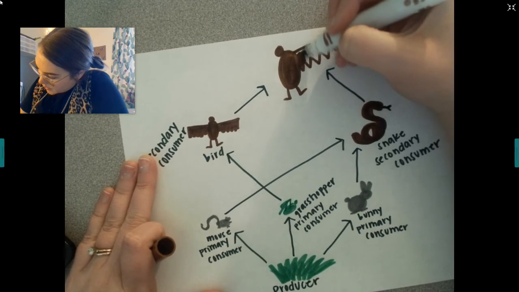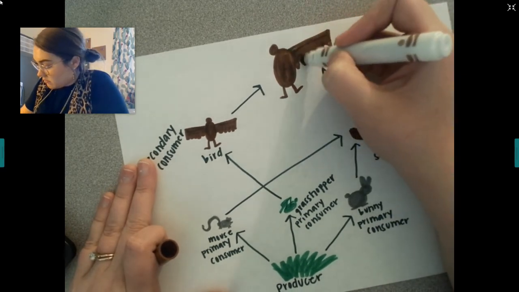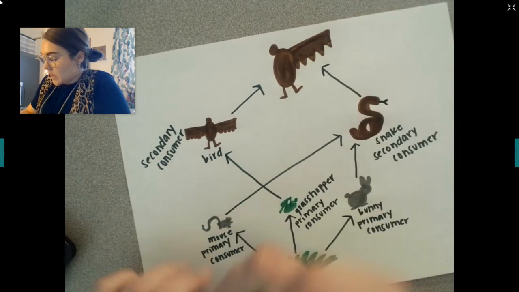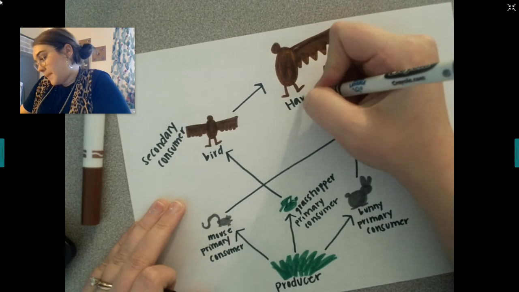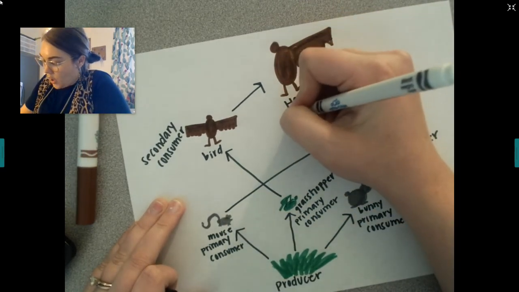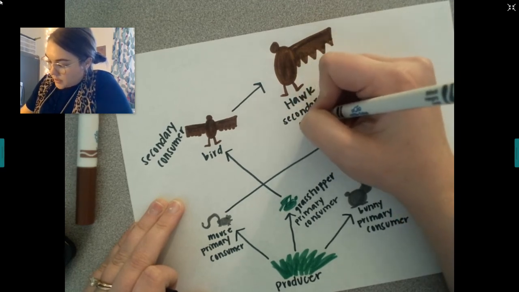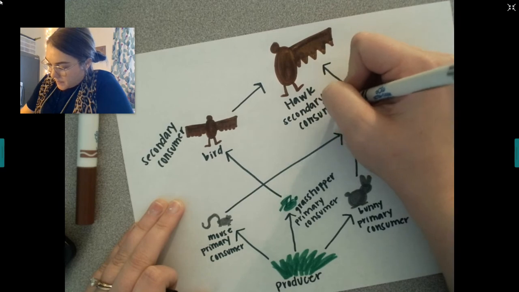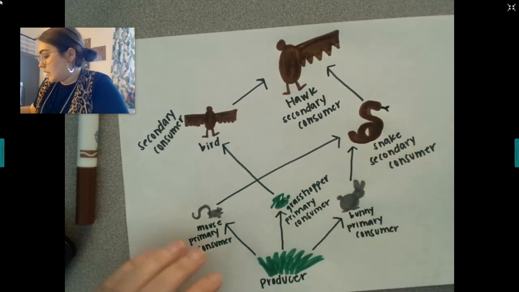This hawk ate both the bird, because hawks eat smaller birds. Crazy, right? But the hawk ate both the bird and the snake. He is also a secondary consumer. Actually, he's called a tertiary consumer, but we're going to leave it a secondary consumer.